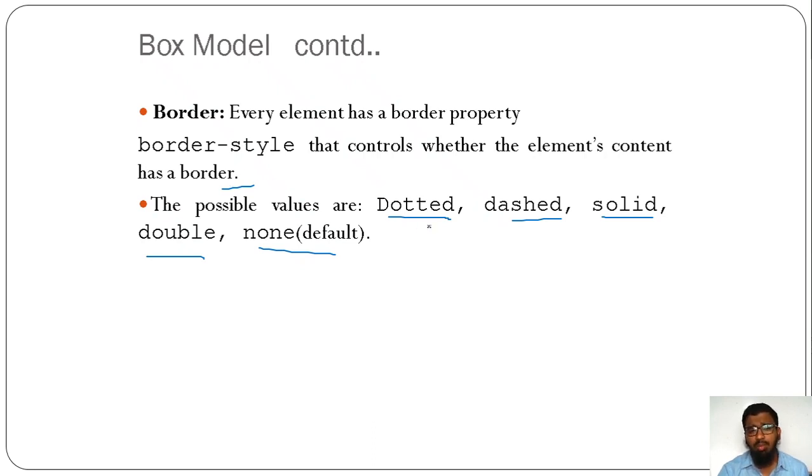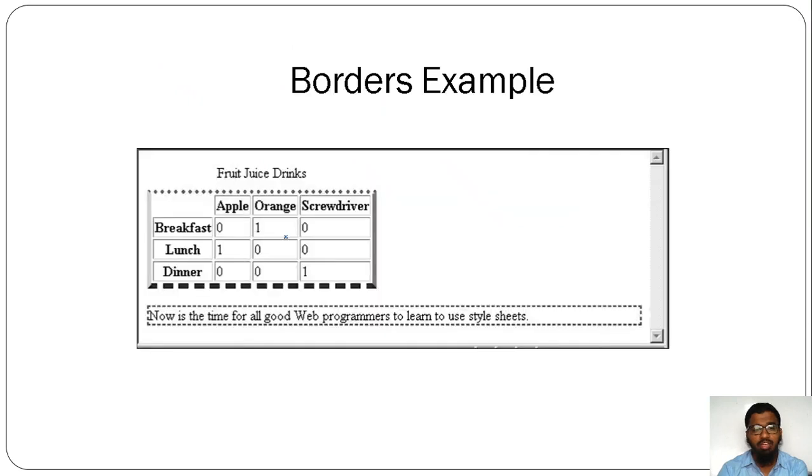When you see the next page here, you will easily understand. Can you see, this is dotted, this is double and this is dashed, and if it is default then it is normal.